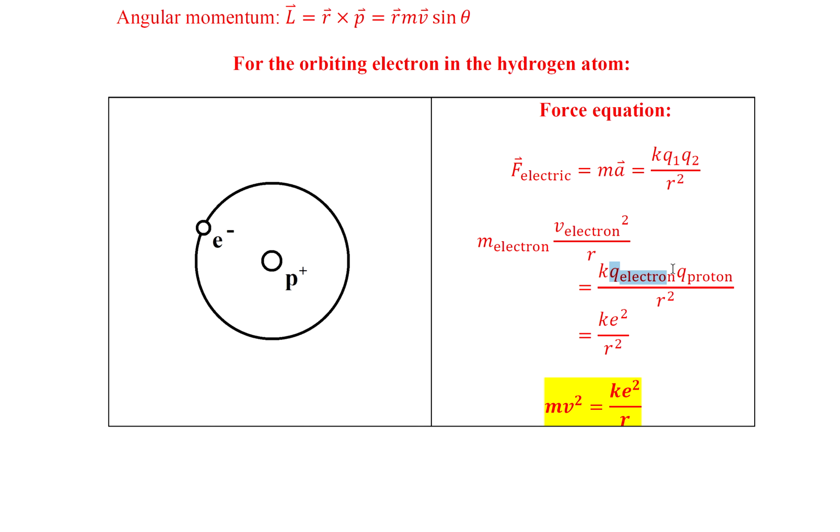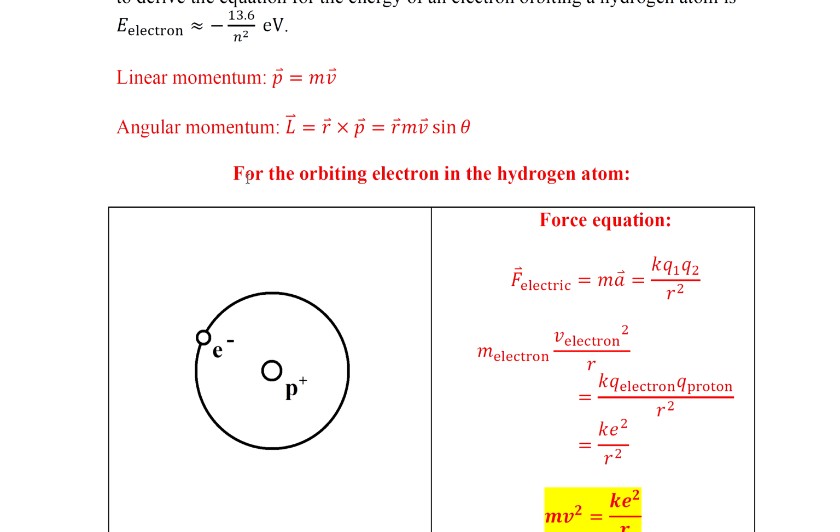Q for the electron is equal to Q for the proton, which is 1.6 times 10 to the minus 19, so we'll just call that e. So q electron, q proton becomes e squared. Simplifying this equation, we get mv squared equals ke squared over r. I highlighted this equation in yellow because we're going to come back to it.